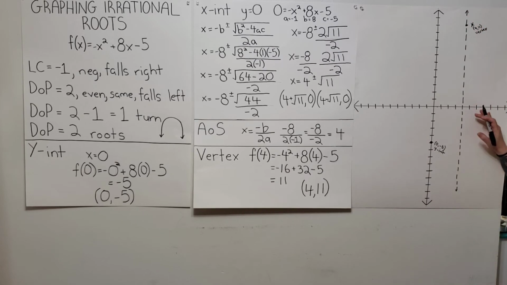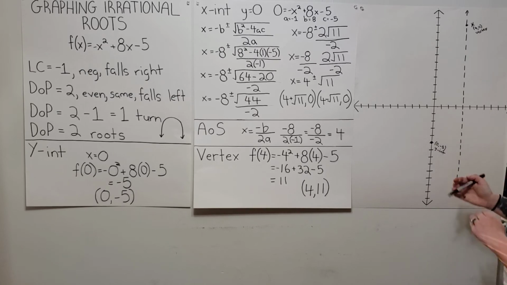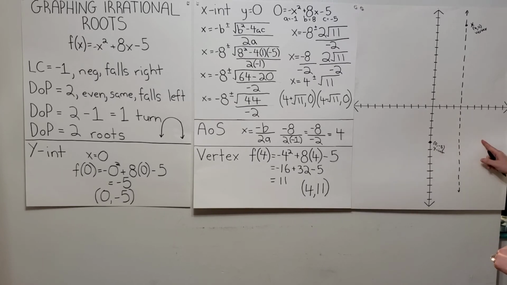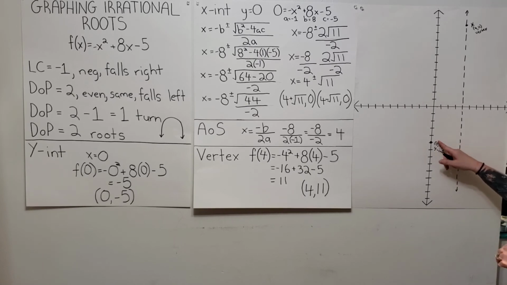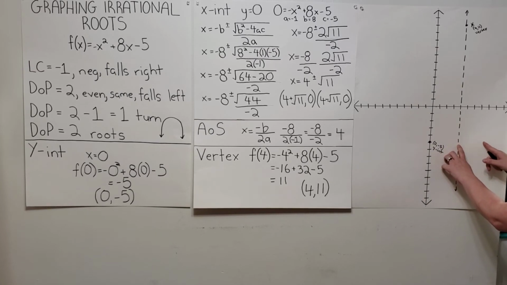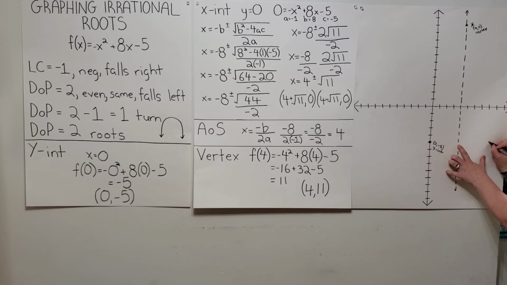And since our axis of symmetry is the line where our quadratic folds in half, we should have a point on the other side of our axis of symmetry. 1, 2, 3, 4. This is our additional point at 8, -5.